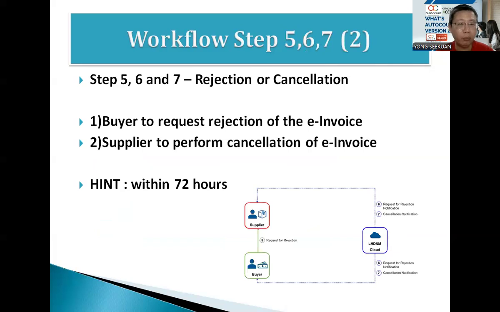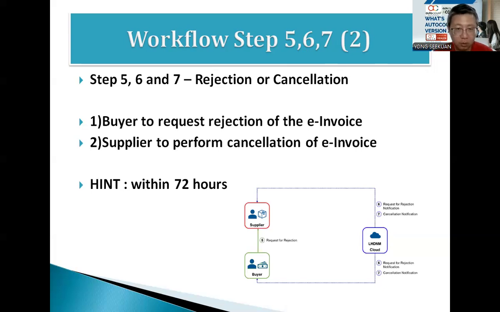Basically, you need to take note that there is a 72-hour rule. It means within the 72-hour rule, your buyer can reject your invoice. Secondly, you can also cancel your supplier invoice. So either you or your customer can cancel. What if it is more than 72 hours? Then you are forced to issue the credit note.